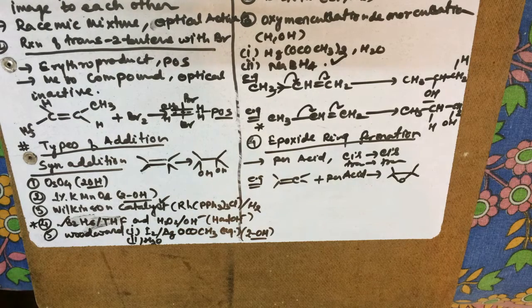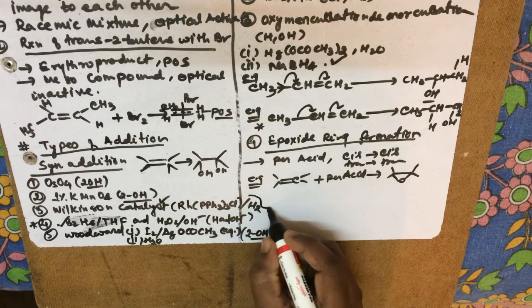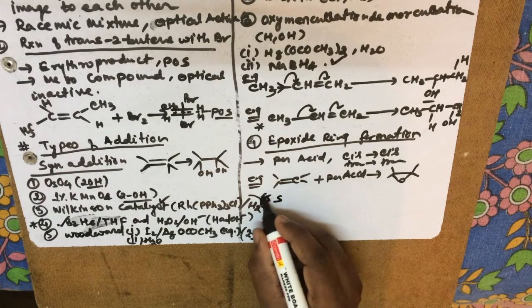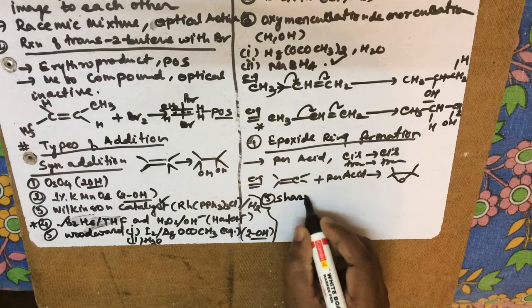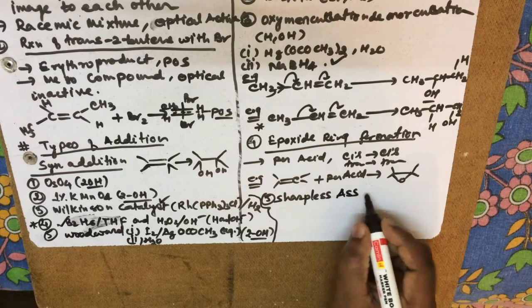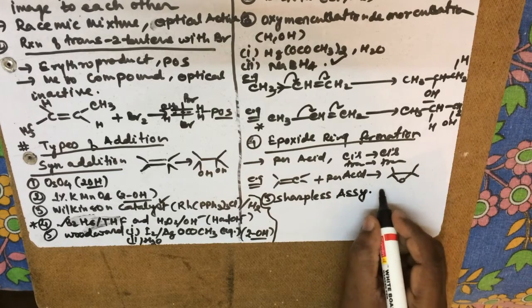Now I move to a very important reaction. In every exam, a lot of questions have been asked from this reaction. The next reaction is number 5, Sharpless asymmetric epoxidation.